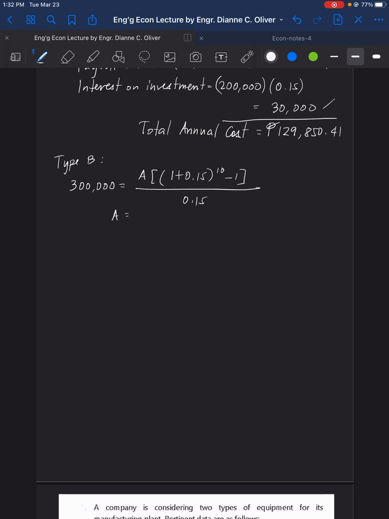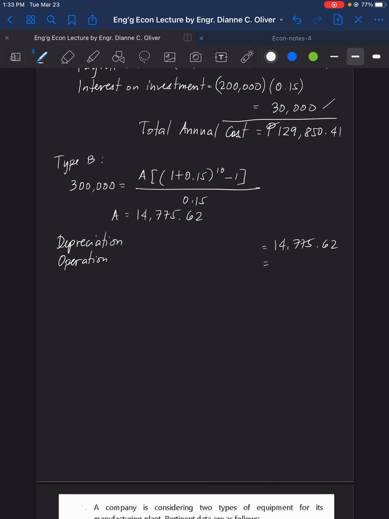So A here is 14,775.62 pesos. So that is the depreciation. Depreciation is equal to 14,775.62.